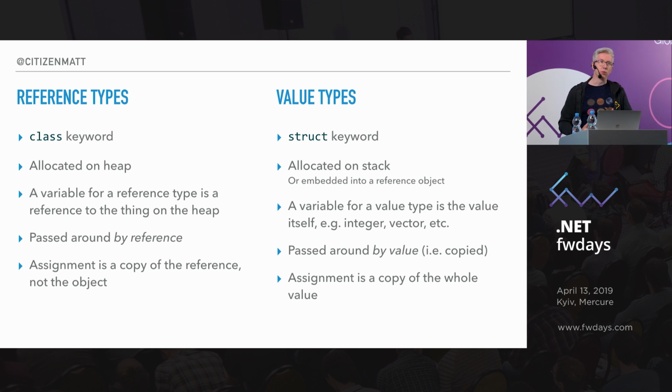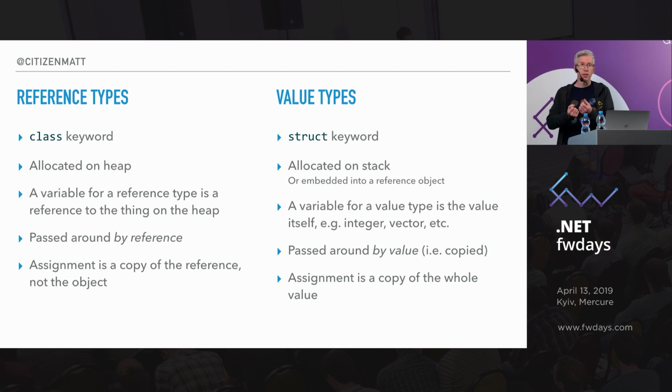Assignment is important as well. When you assign a reference to a variable, you're making a copy of the reference, not the object. The object is still living there on the heap; you just have a new variable saying it's over there. Whereas with a value type, when you make an assignment, that makes a copy again, so you end up with 2 copies of the whole data.